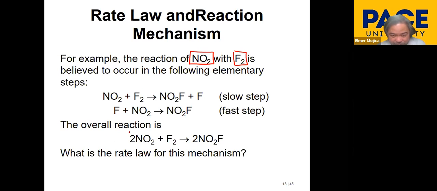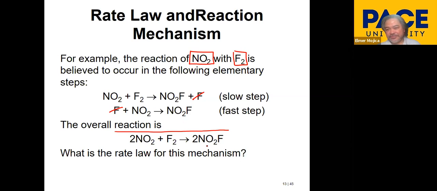So if we're going to add these two, so if you're going to make it like this one, what can be cancelled here? Any more that can be cancelled? No. I canceled something that is found in both the reactant and the product side. So you have here an F in the product side, and then you have here an F in the reactant side. So when I add these together, this is my overall reaction.